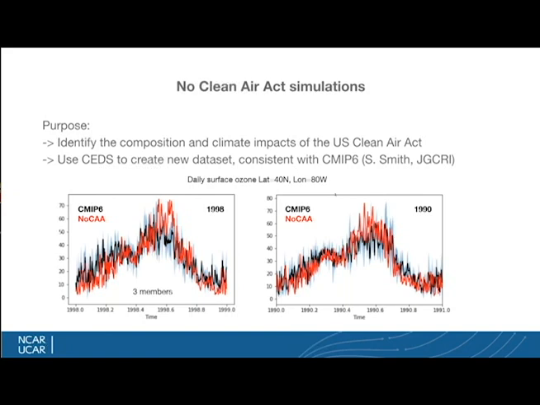This is just one single point in the Midwestern US. I just picked one point for the sake of this analysis.